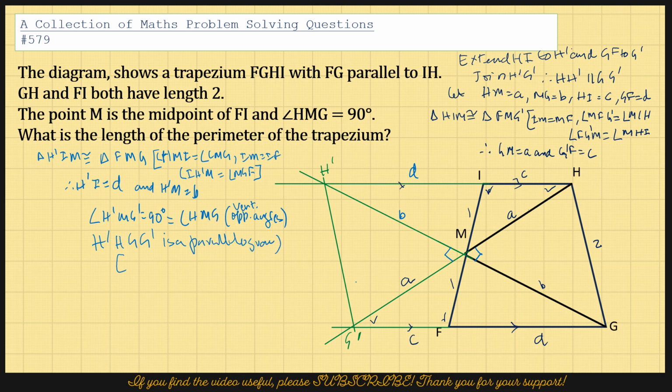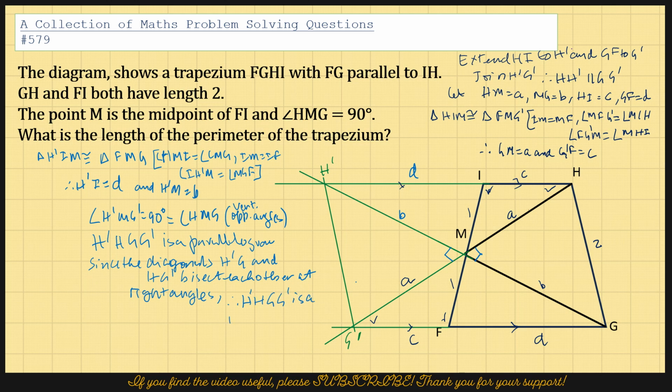And because the diagonals H dash G and HG dash bisect each other at right angles, therefore H dash HG dash is a rhombus.